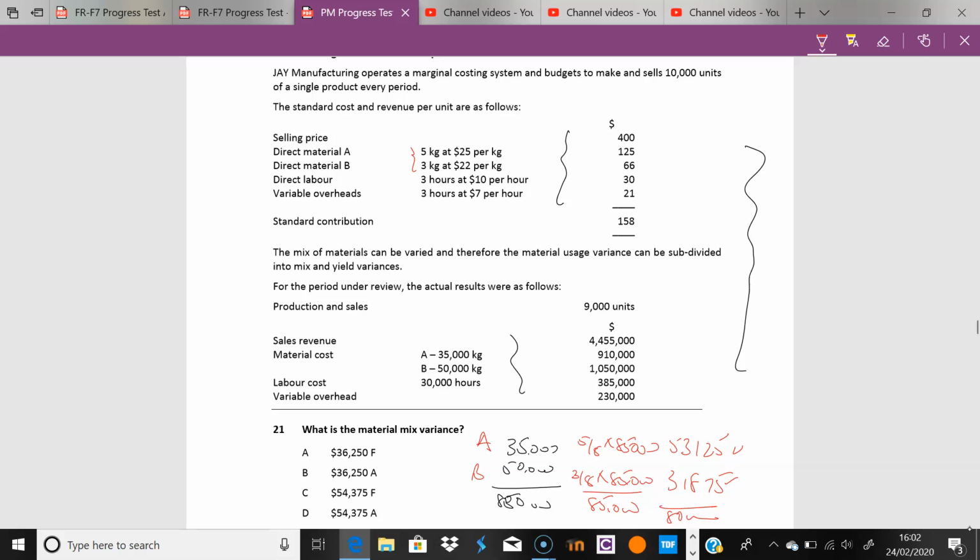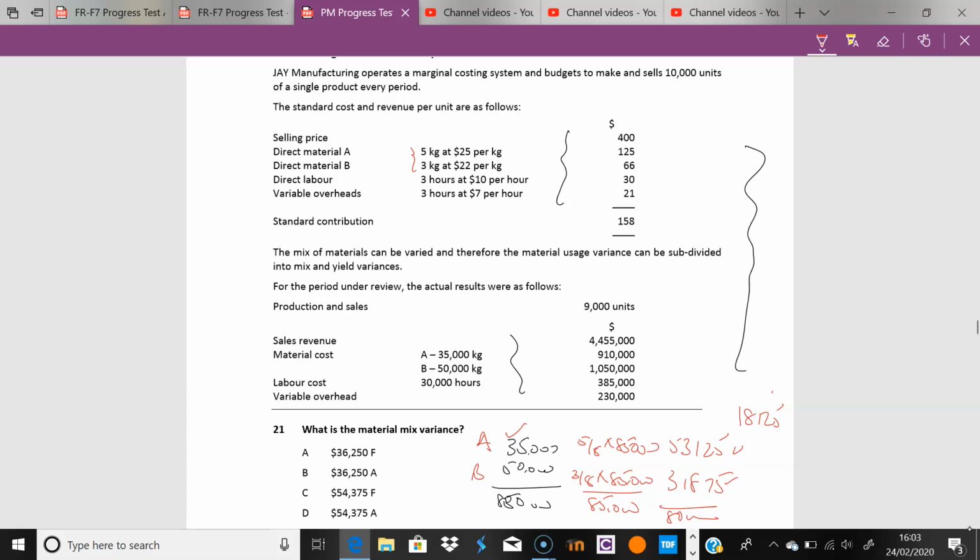So here with A, you have used more than you should have by 18,125. So this is adverse. You have used more. You were supposed to use 35,000 kilograms, but you have gone along. No, sorry, let me be careful.